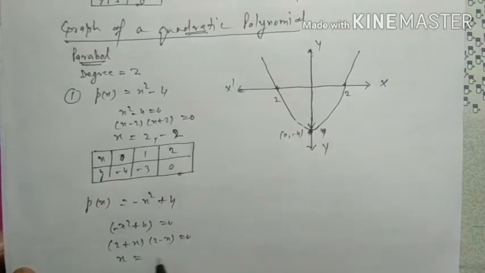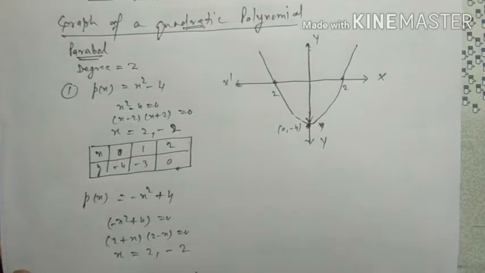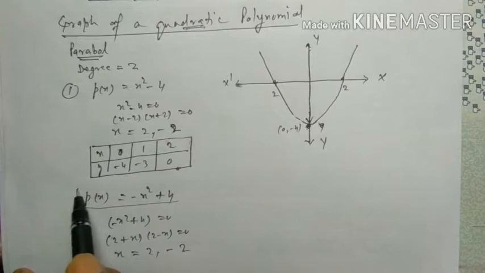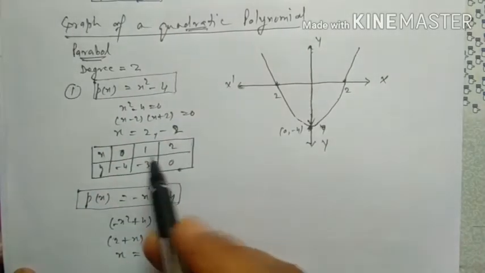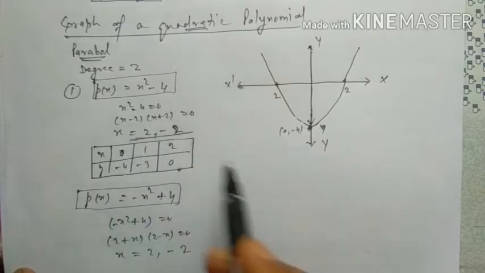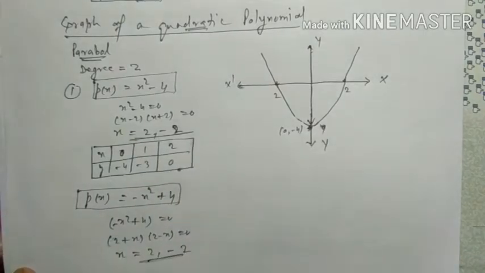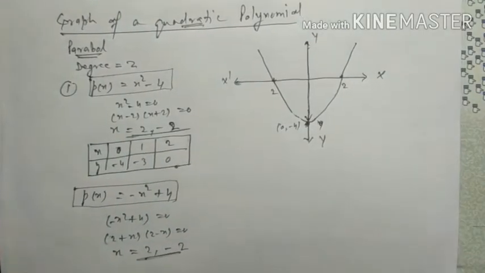It gives x equal to 2 and -2. For this polynomial and the previous polynomial, both zeros are the same, but their graphs will be different due to the sign of x square.